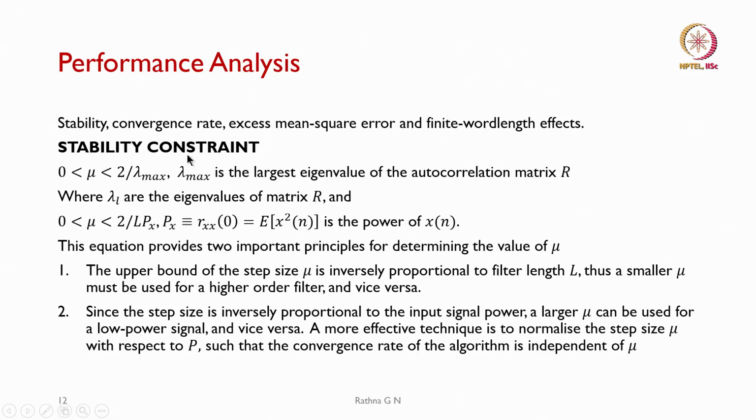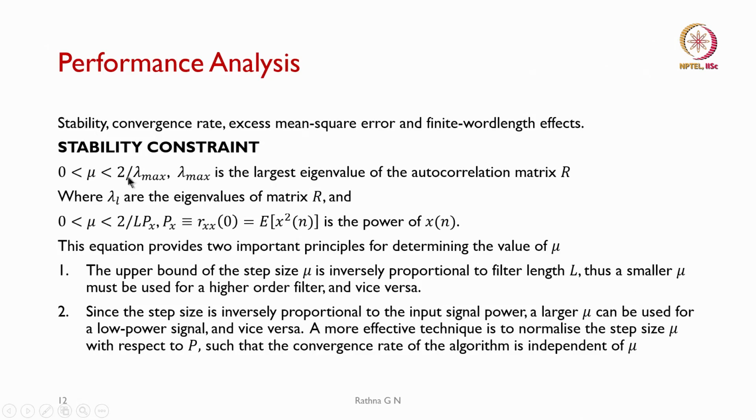The first one is the stability constraint, that is 0 less than mu, which is less than 2 by lambda max, where lambda max is the largest eigenvalue of the autocorrelation matrix R. As we will be seeing in the lab, if we select mu equal to 1, our output was getting affected.